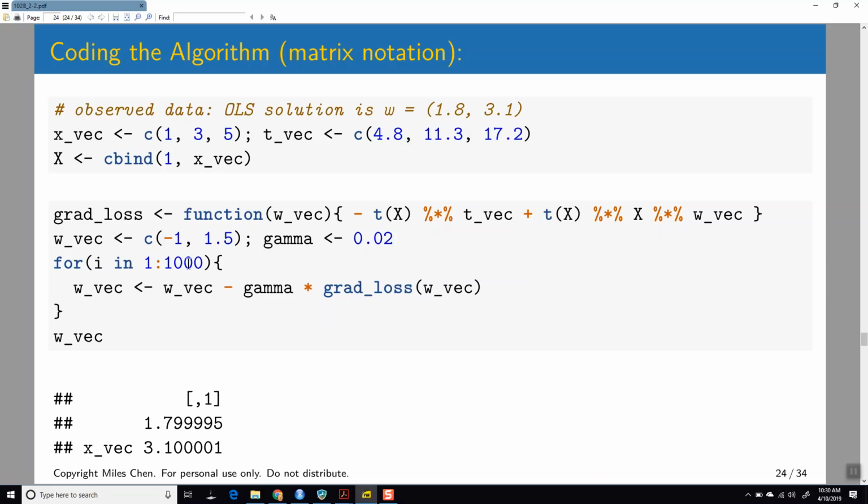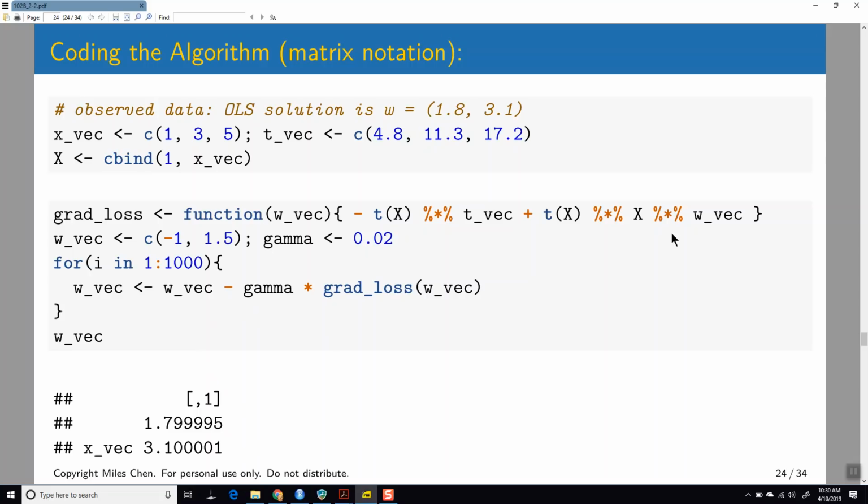Okay, I do 1,000 iterations of this, and I ask what is the result of the W vector, and I get basically 1.8 and 3.1. Okay, it hasn't reached there exactly because towards the end we're taking very, very small incremental steps.